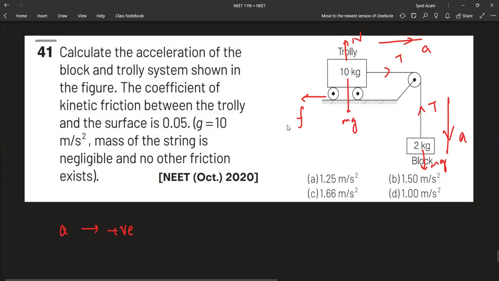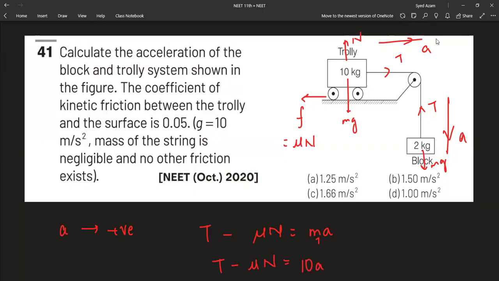So if I talk about this part, frictional force is equal to mu N according to the formula. So I'll get T minus mu N is equal to m a. Here m is the mass of the trolley, so this will be T minus mu N is equal to 10a.